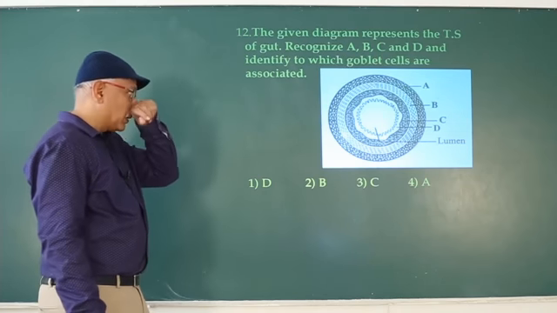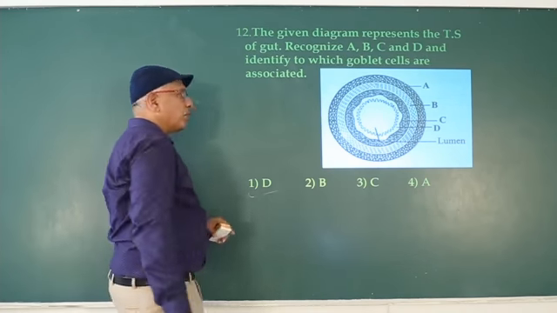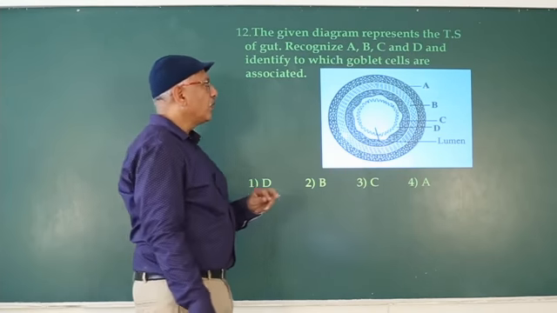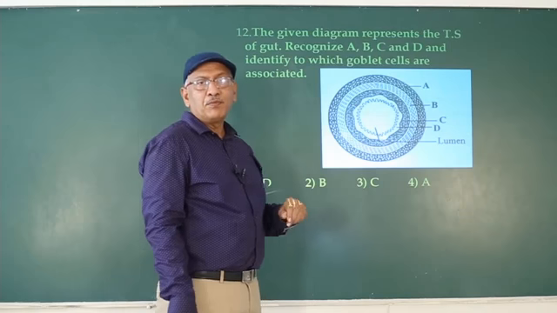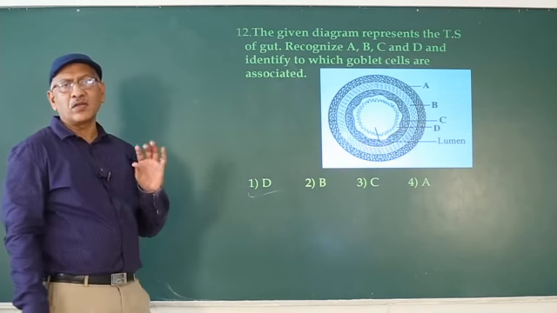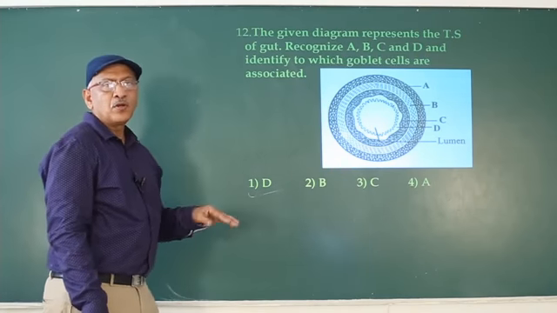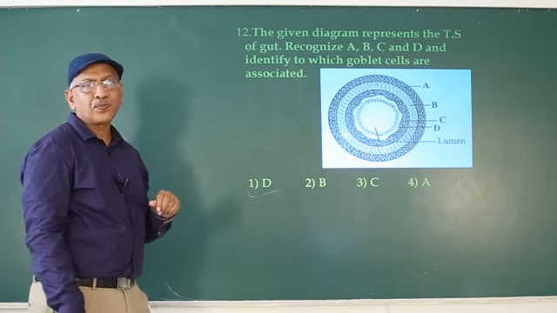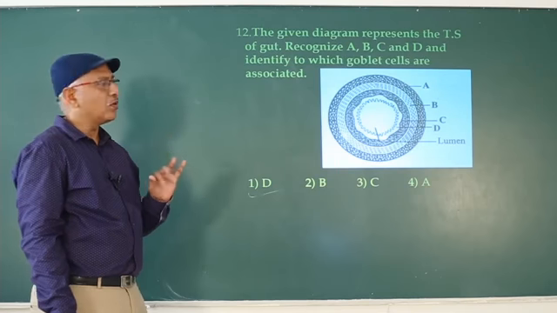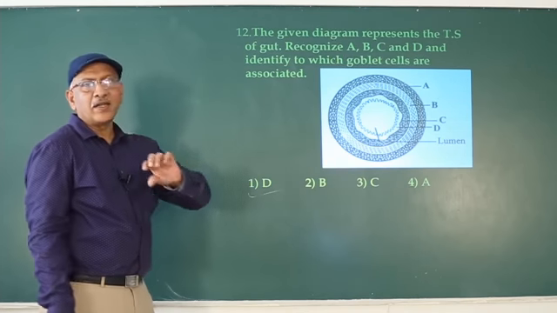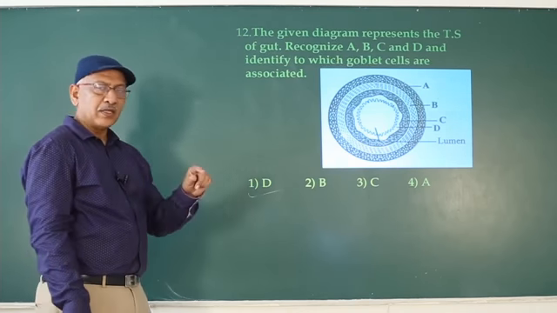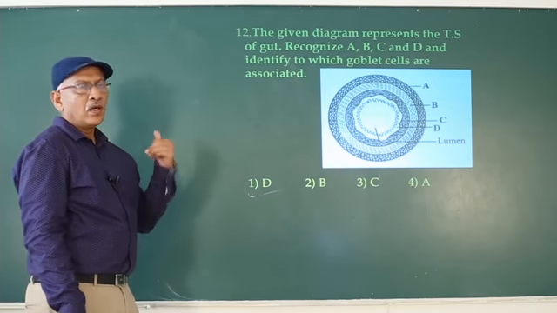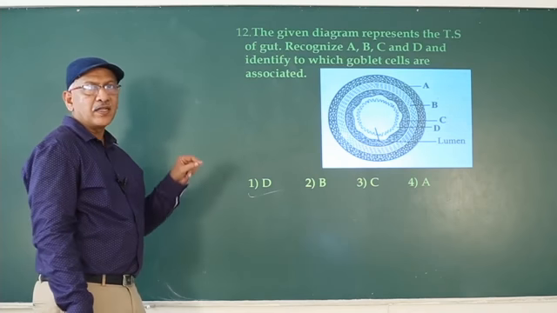Mucosa contains goblet cells, so D. Another point: the location of Auerbach's plexus. Auerbach's plexus is present in B, between the longitudinal and circular muscles. Meissner's plexus is present in the submucosa.